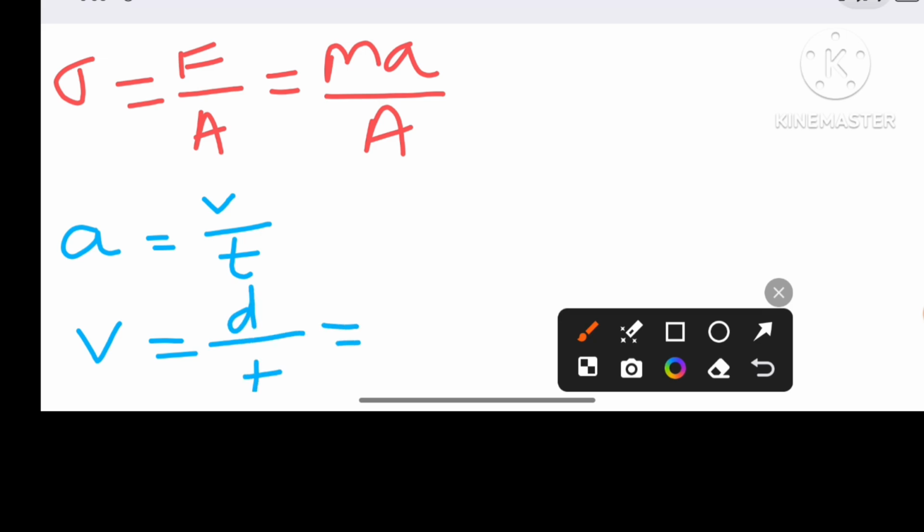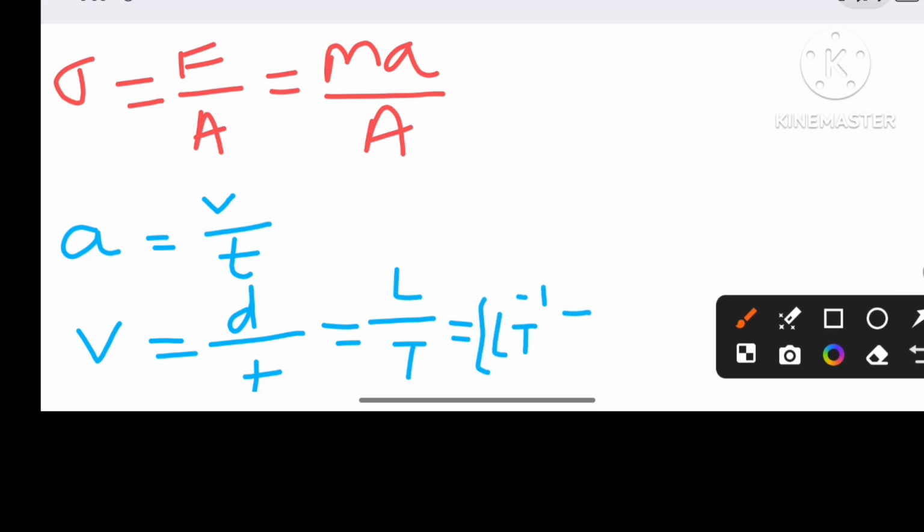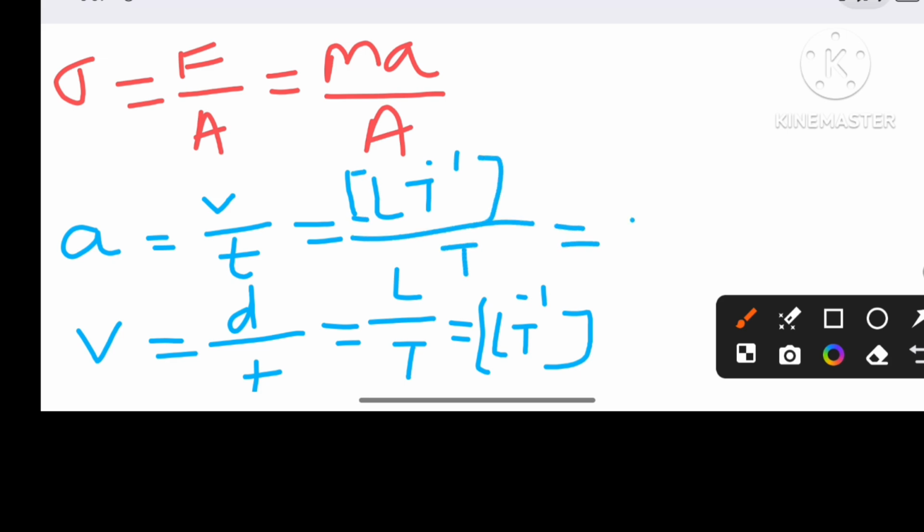We know that the displacement is L and the time is represented as t. We can write it as L t minus 1. Put this here, L t minus 1 upon t, so you will get after solving L t minus 2.